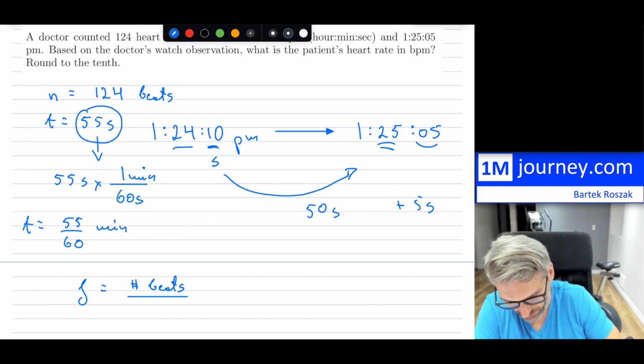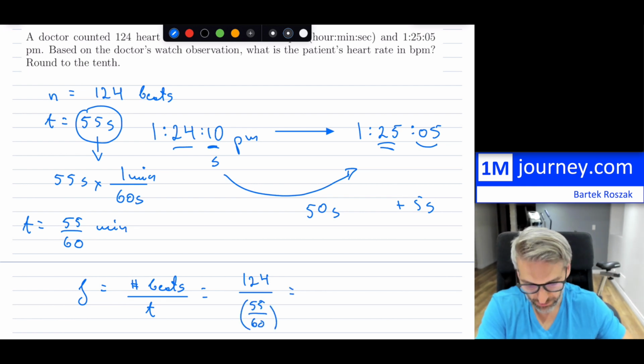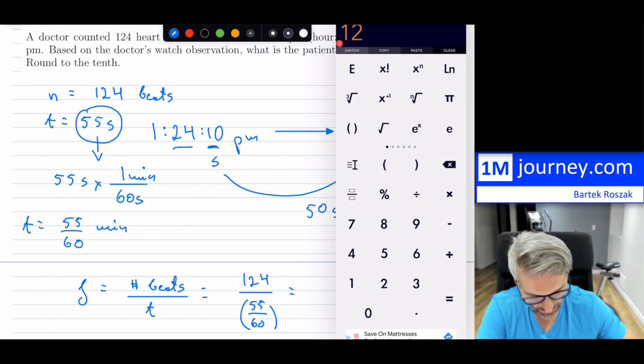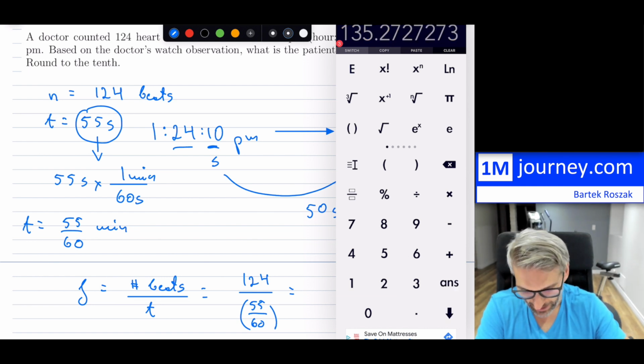So this would be for the total time T that it has taken. So 124 beats divided by 55 over 60. We can put that into the calculator: 124 divided by, in brackets, 55 divided by 60. The calculator will work this out for us, and there you have it.